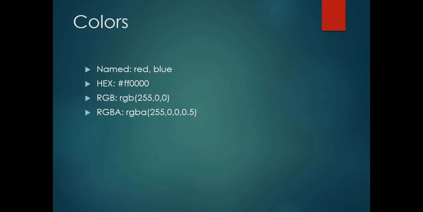So CSS, as I've said, is Cascading Style Sheets. What we mainly do here is give styles, and color is something very essential. We have many ways to define our color in CSS. You can use the named one, maybe you can just say color blue, color red, color white.